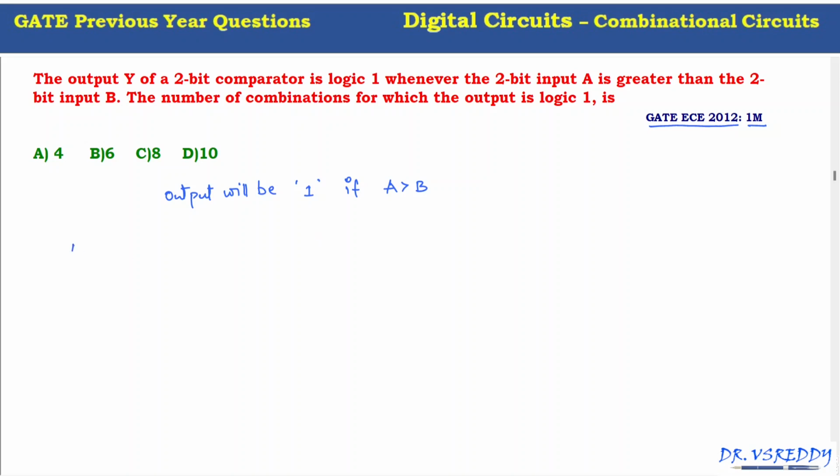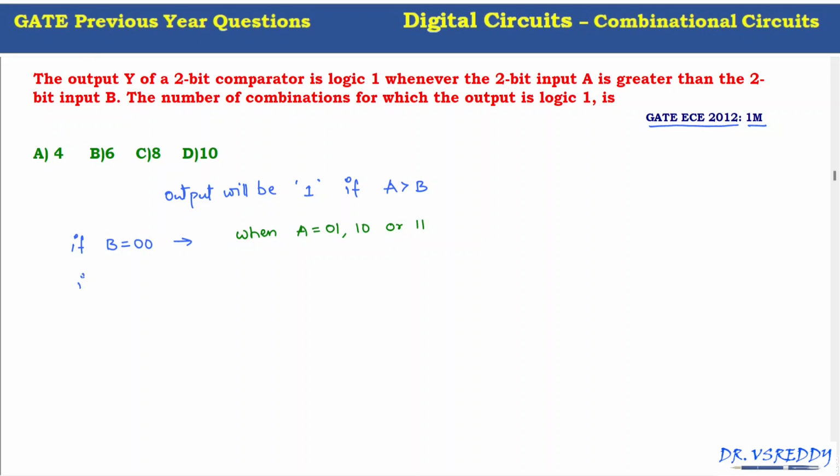For example, if B is equal to 0 0, then there will be 3 combinations for which the output will be 1. That means when A is equal to 0 1, 1 0 or 1 1.